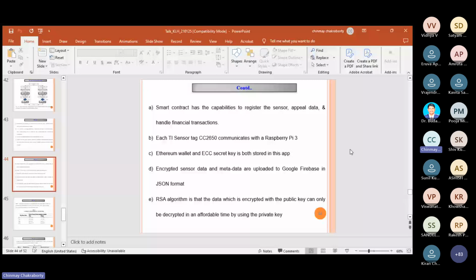Next, the Ethereum wallet and ECC secret key are both stored in the app. Encrypted sensor data and metadata are uploaded to Google Firebase in JSON format. Next, with the RSA algorithm, data which is encrypted with the public key can only be decrypted in affordable time by using the private key.